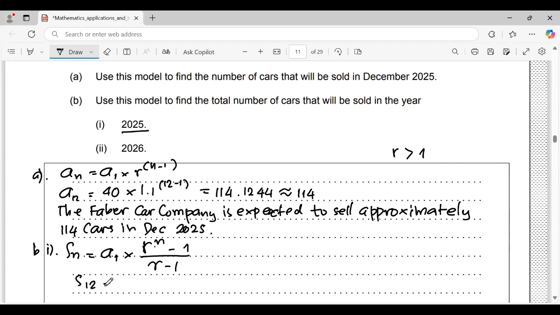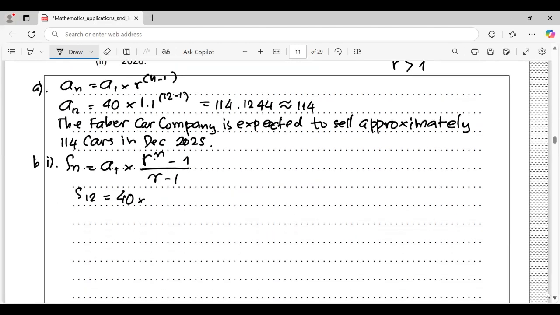So it means S_12. I'm going to use S_12 because there are 12 months. 40 times 1.1 to the power 12 minus 1 over 1.1 minus 1.